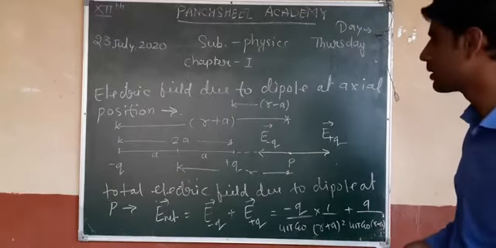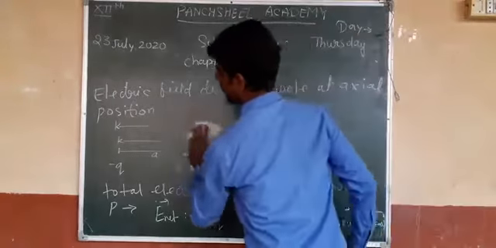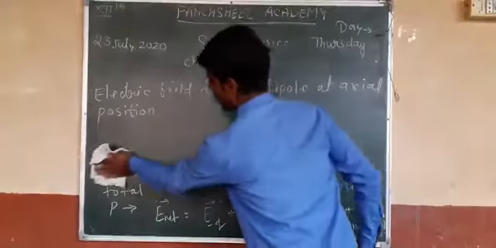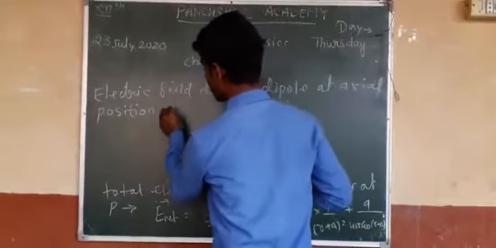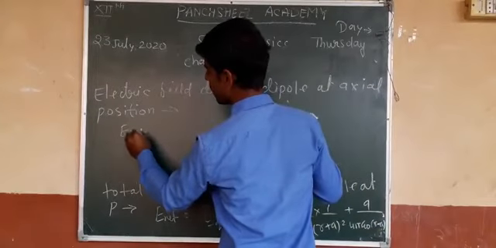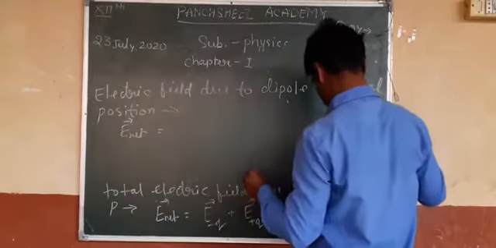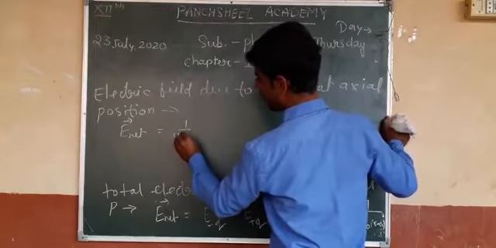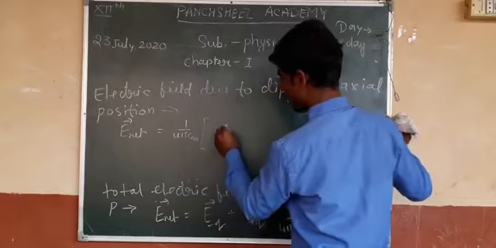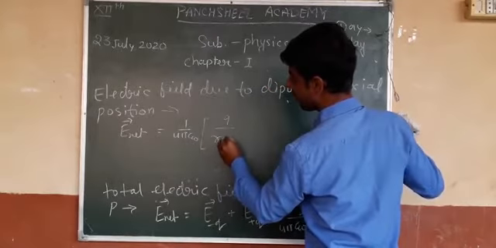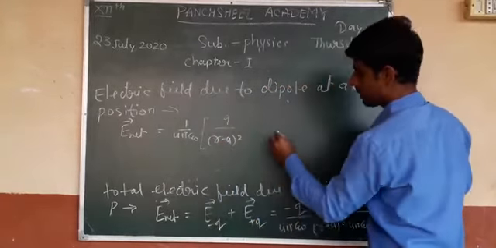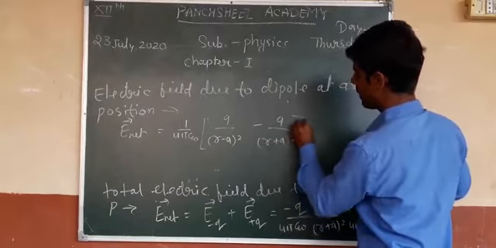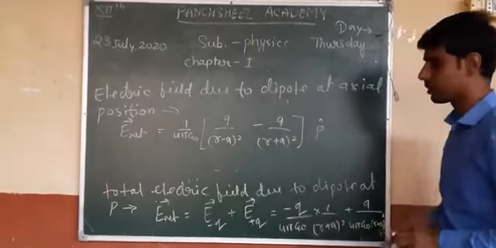So E net is equal to 1 upon 4 pi epsilon naught, in brackets, q upon (r minus a) whole square and q upon (r plus a) whole square, and this is the P vector. Solve this.